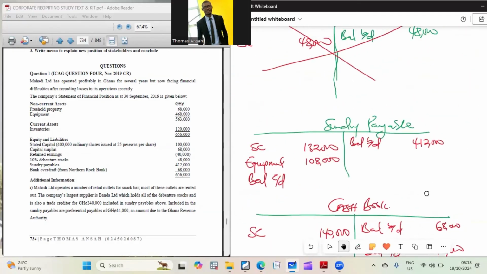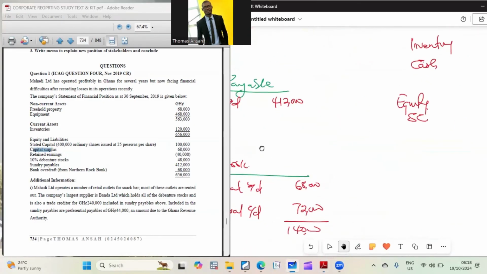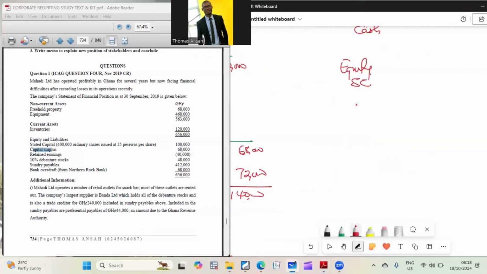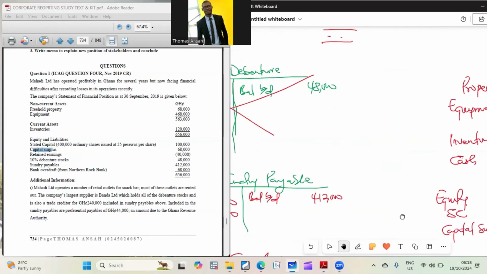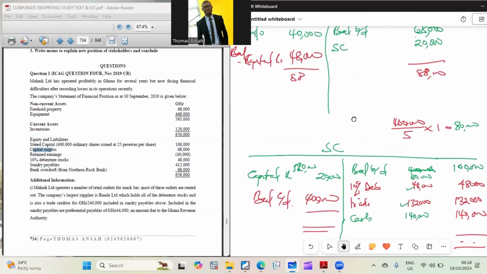What else is left? Sundry payables, or after stated capital is capital surplus. So let's bring our capital reduction value, capital surplus. The reserve that we had, how much was that? 48, right?